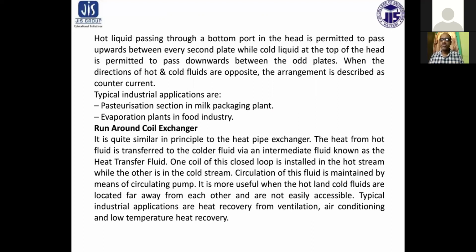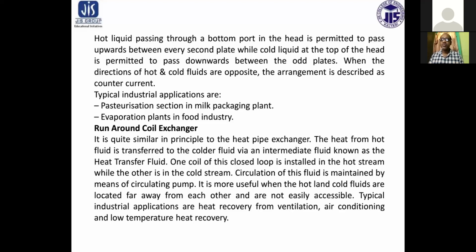The heat from the hot fluid is transferred to the cold fluid via an intermediate fluid known as the heat transfer fluid. One coil of this closed loop is installed in the hot stream while the other is in the cold stream. Circulation of this fluid is maintained by means of a circulating pump.